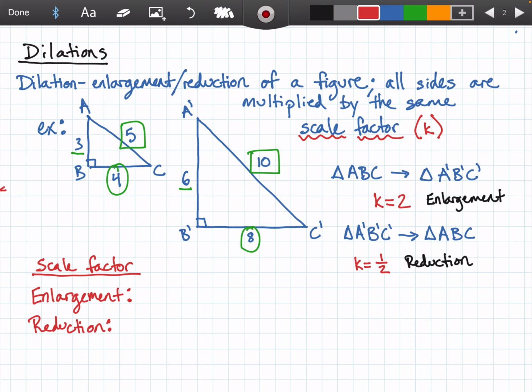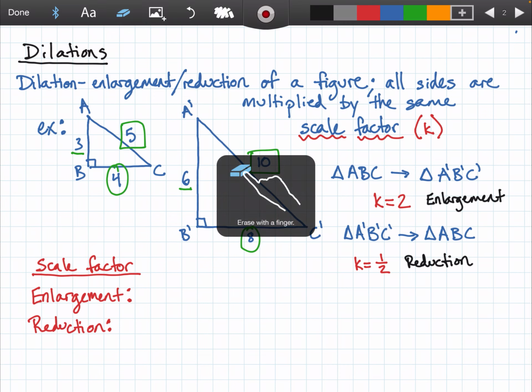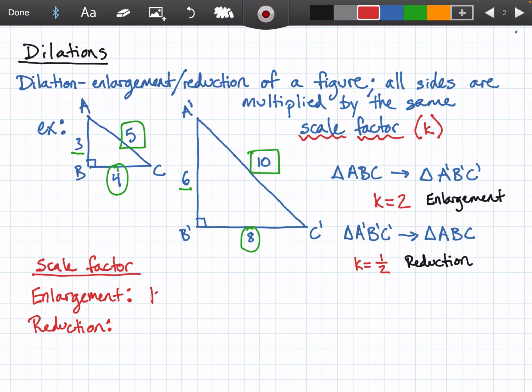So let's say you didn't even have these figures of the triangles. How would you know if it was an enlargement or a reduction? Basically, if it's an enlargement, K is going to be greater than 1. And if it's a reduction, my K is going to be less than 1. And that's how we can determine.